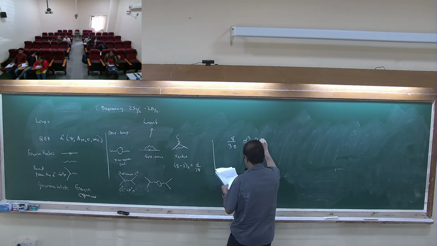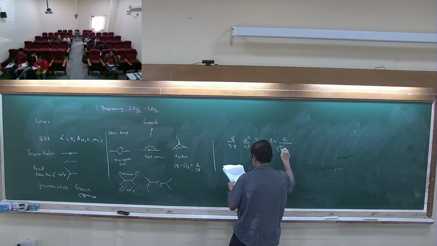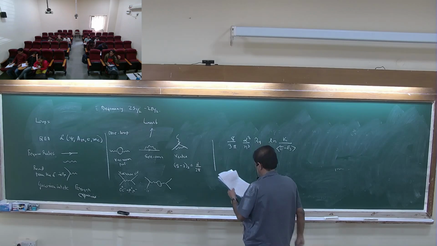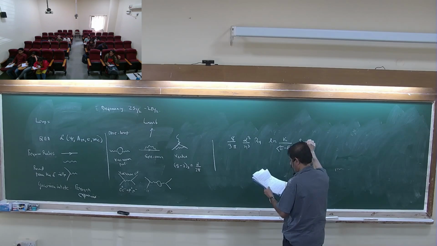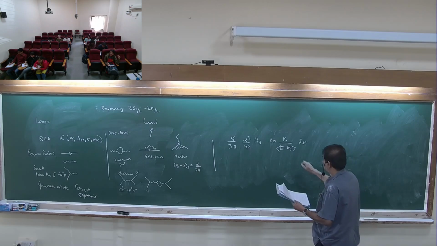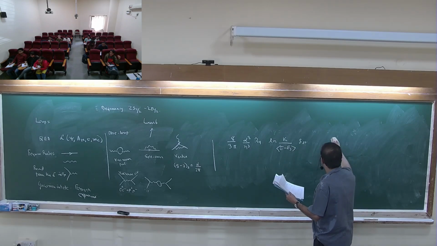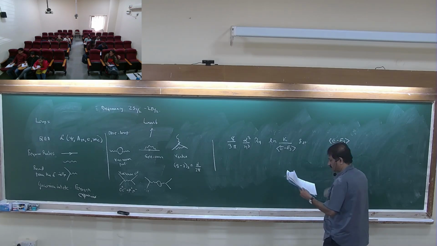Times the Rydberg times the natural logarithm of K divided by the average energy of all the states, delta L0 like this. Okay, so this is the formula. This is for the S state, E minus ES. He got this from a colleague.